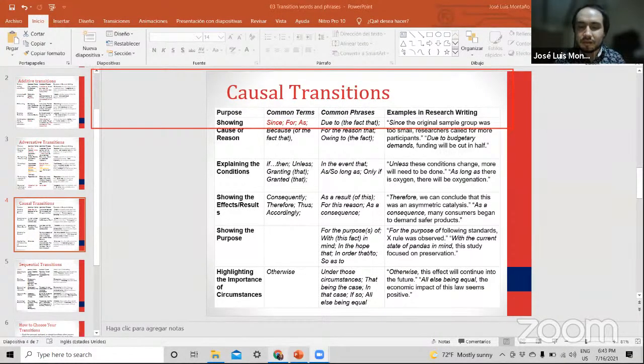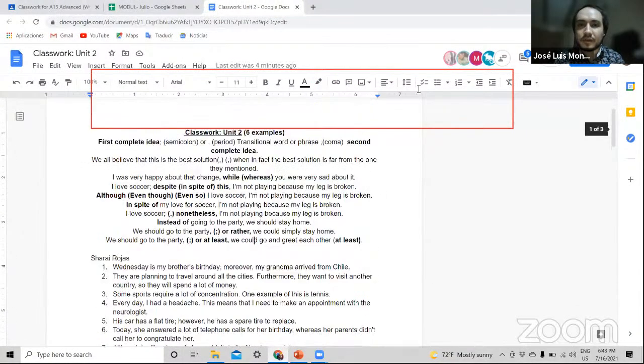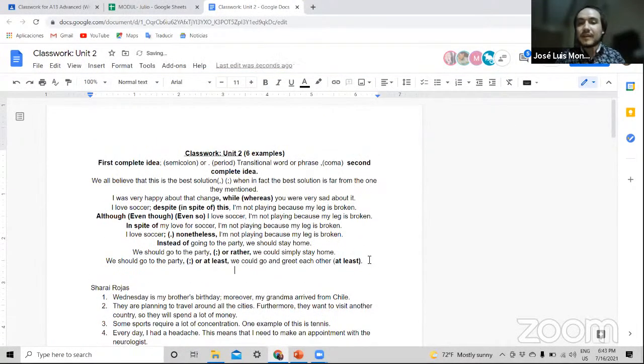So it's going to be like this. I'm going to write not an example, only one formula for that one. Give me 1 second over here. So this is for since and as, right? So you say since or as, first idea, comma, second idea.